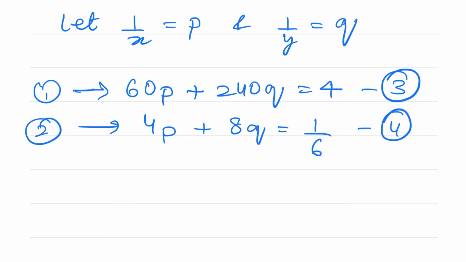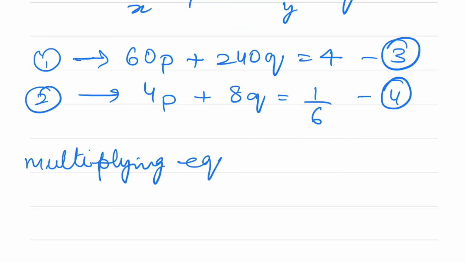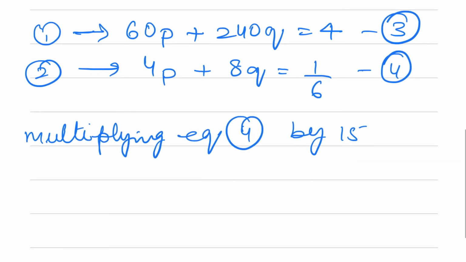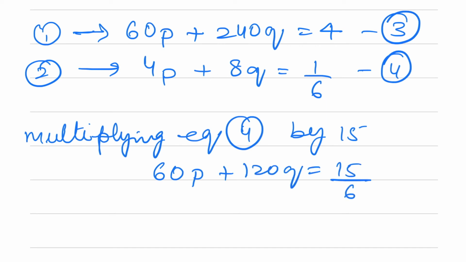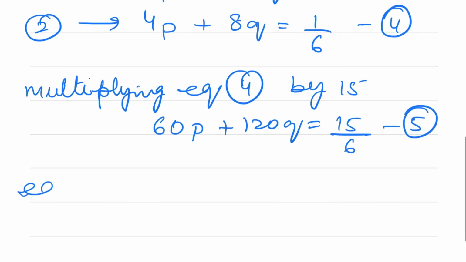So let's multiply the fourth equation by 15 because we want to make the coefficients of p same. So we'll get 60p plus 120q is equal to 15 by 6. That's the fifth equation.